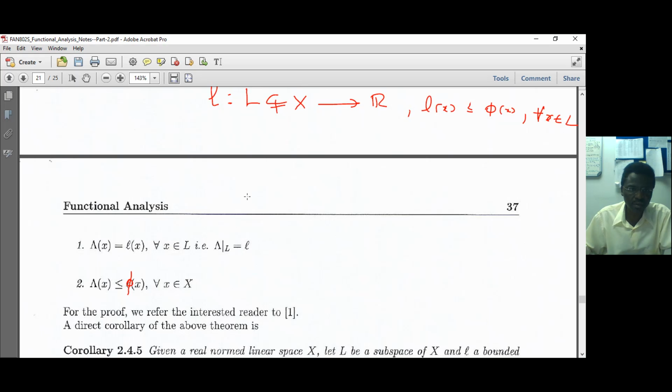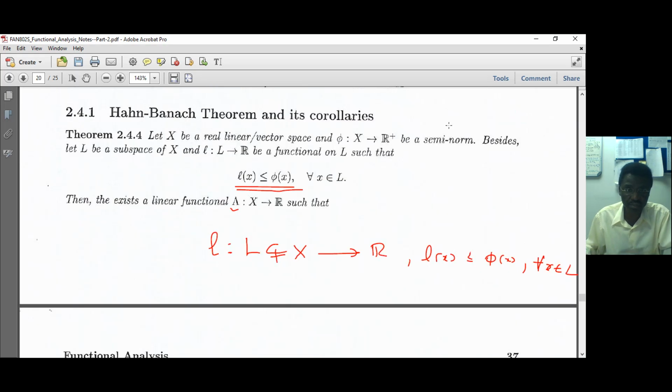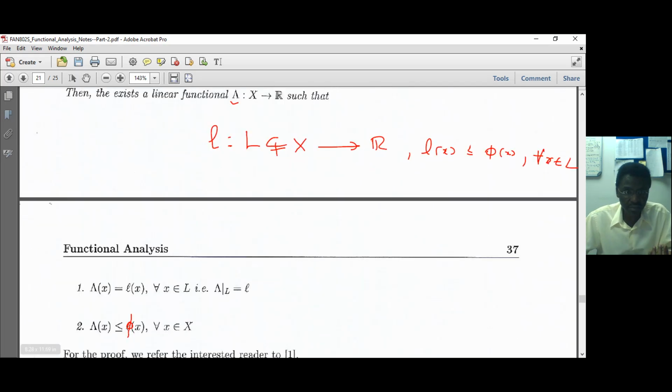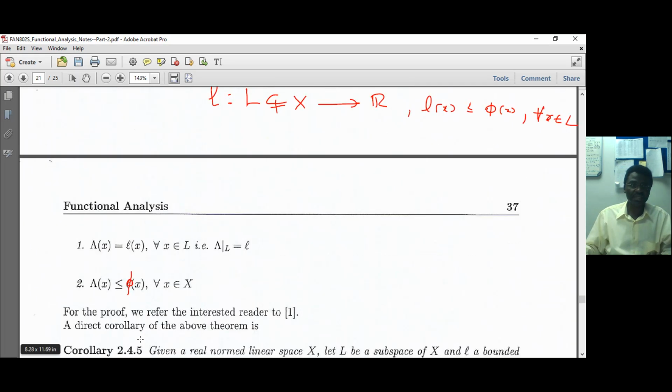It's not L because L is not defined on the entire space. According to our definition here, L is only on lowercase l. It is phi that is defined on the entire space. You can see from here, phi is defined on capital X. So if we extend, it makes sense that phi is still defined because it's defined for any x.